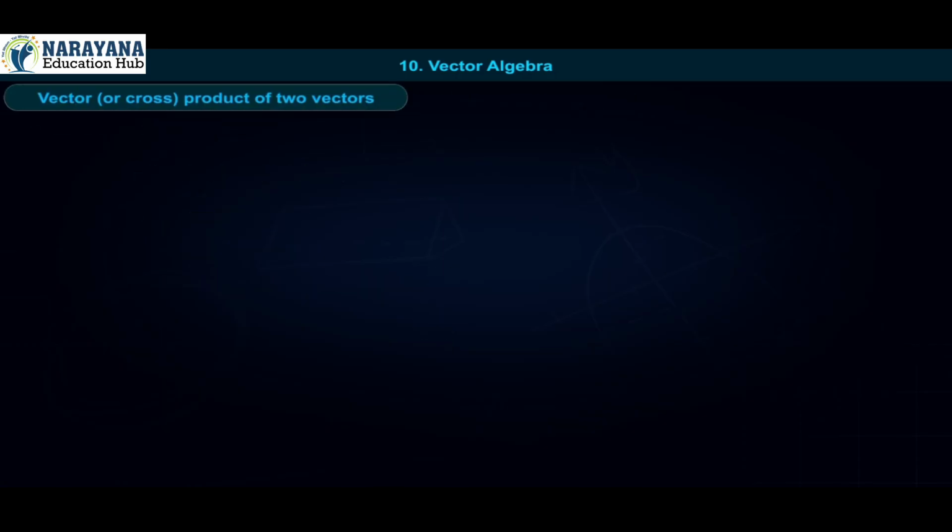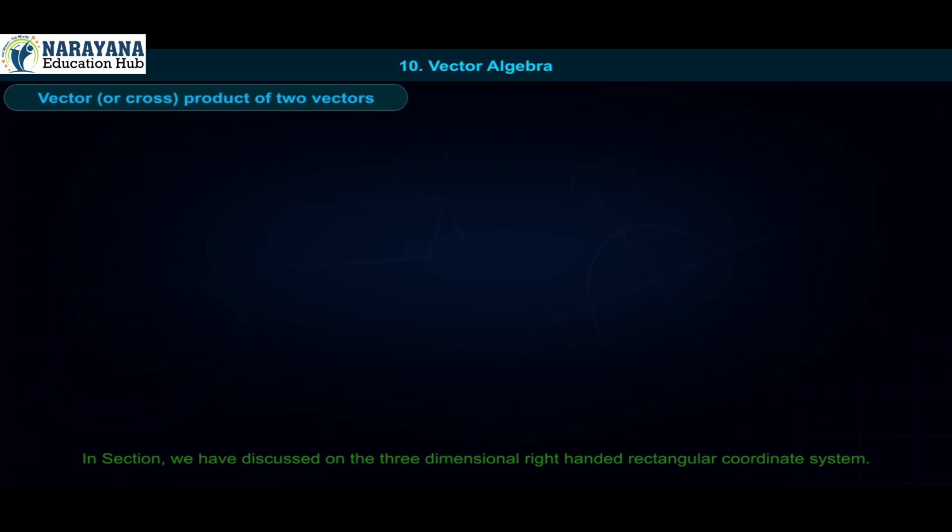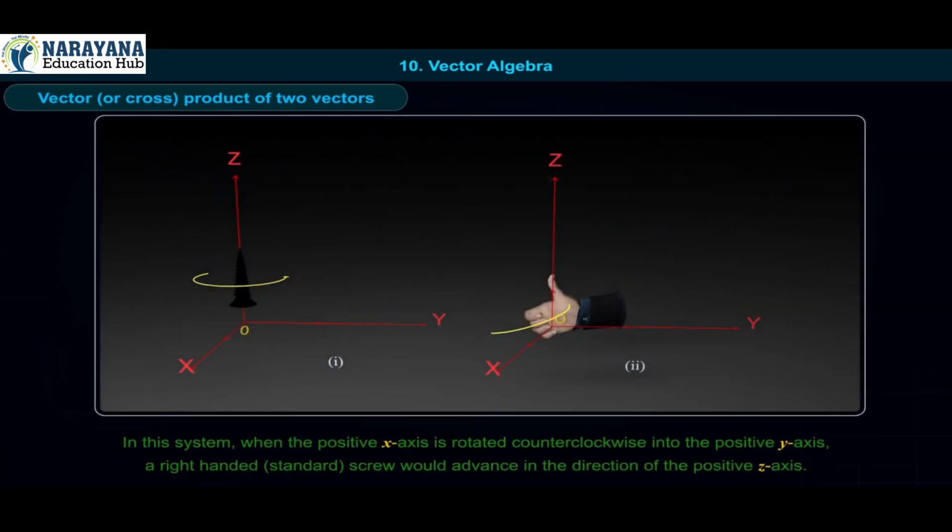Vector or cross product of two vectors. In the previous section, we have discussed the three-dimensional right-handed rectangular coordinate system. In this system, when the positive x-axis is rotated counterclockwise into the positive y-axis, a right-handed, that is standard, screw would advance in the direction of the positive z-axis.